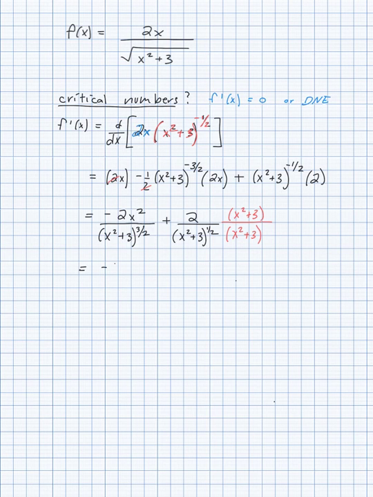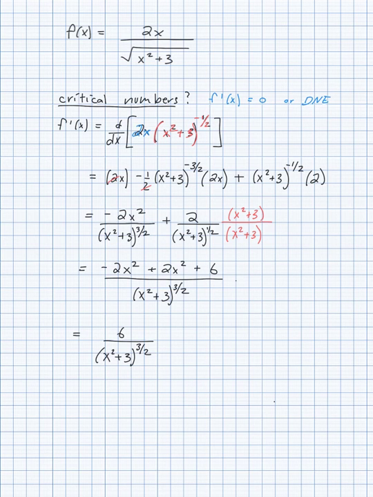And so now I can combine the terms in the numerator. Minus 2x squared plus 2x squared plus 2 times 3 is 6. And this is all over x squared plus 3 raised to the 3 over 2. So finally, we have 6 over x squared plus 3 to the 3 over 2.